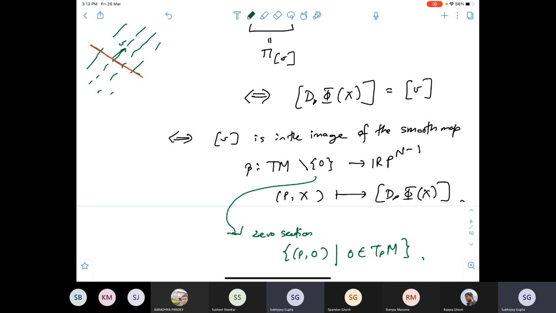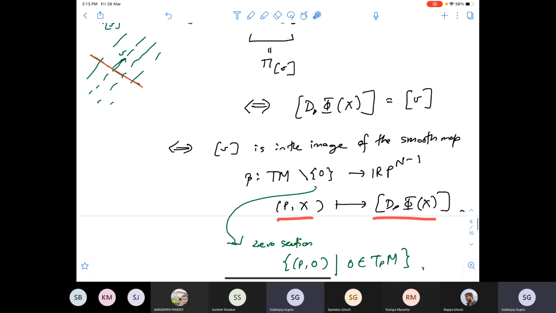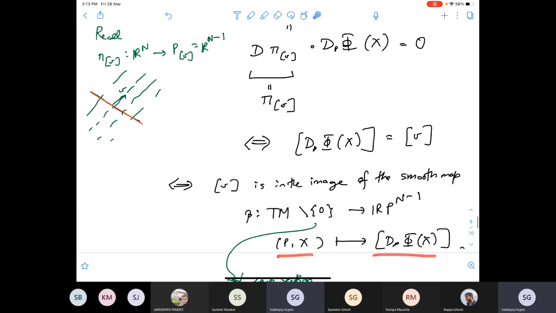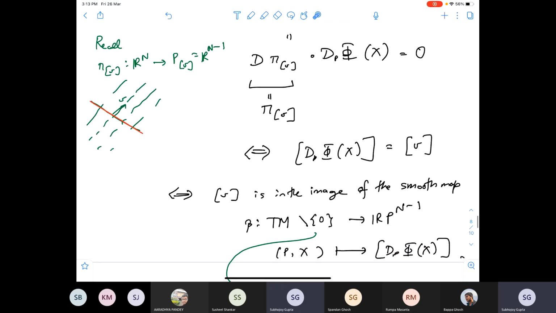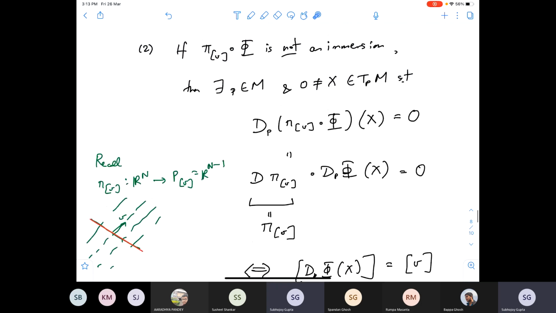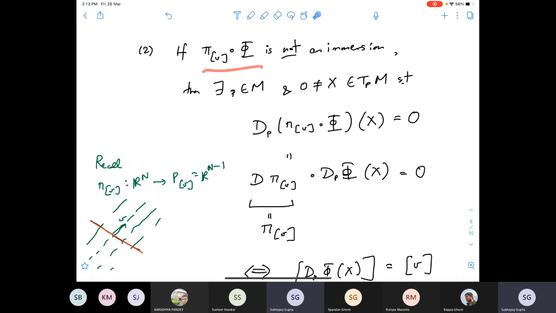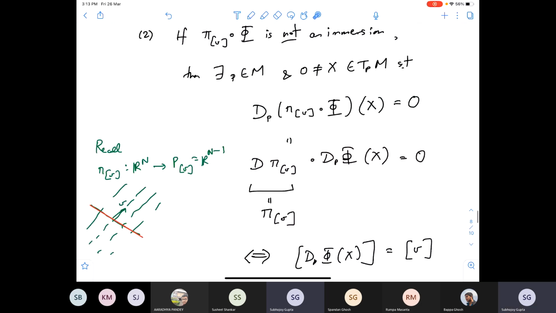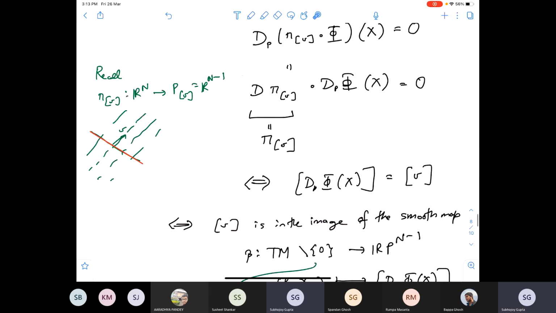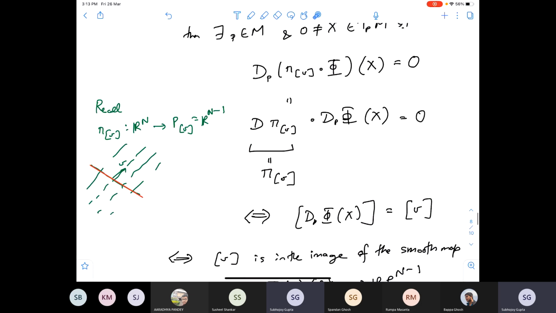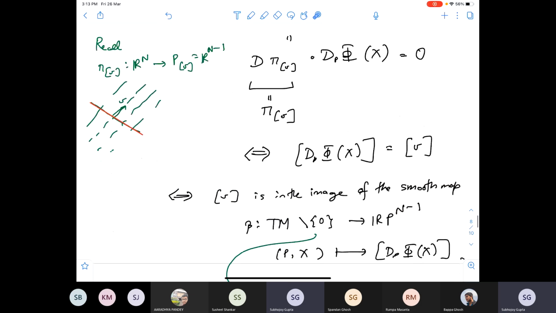And from there you have this map, which is now well defined. What we just discussed is that if your v lies in the image of this map, then pi v composed with phi is not an immersion. All these implications are reversible, so if it's not in the image, then we are good.